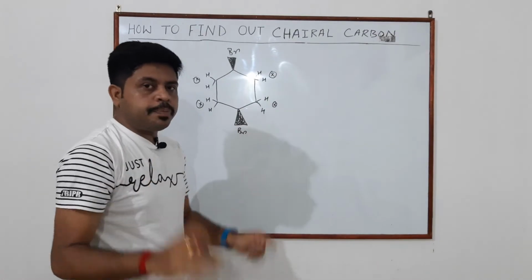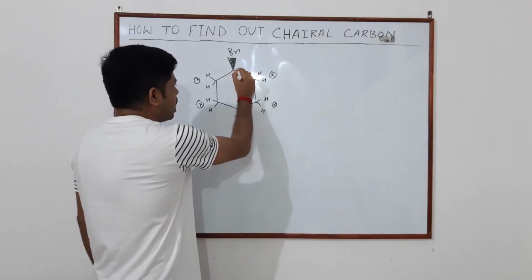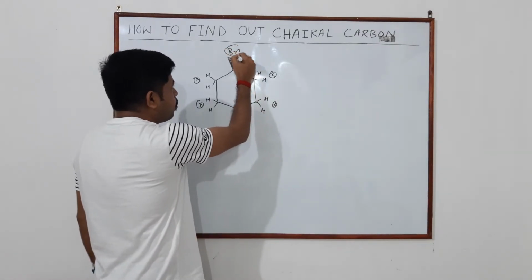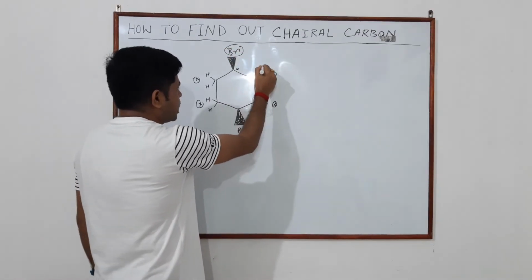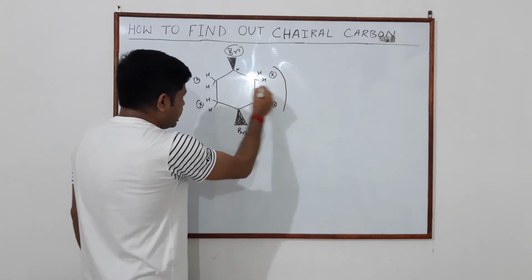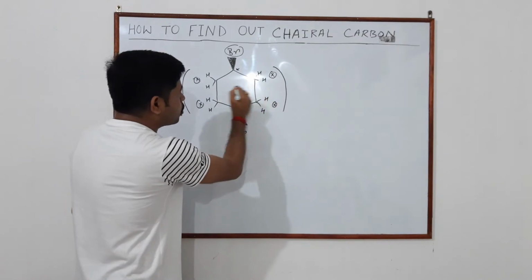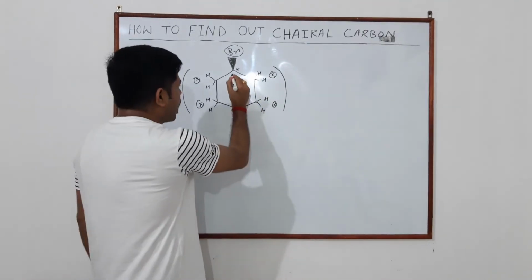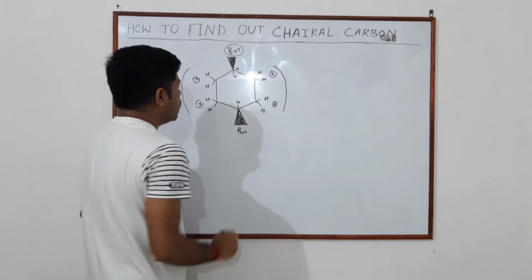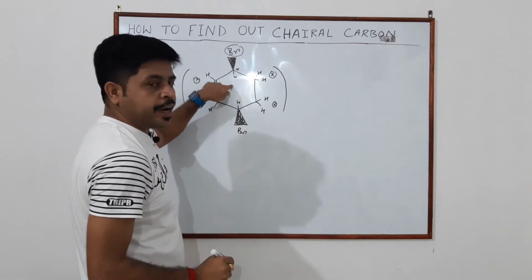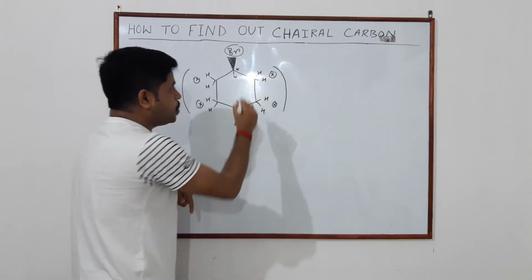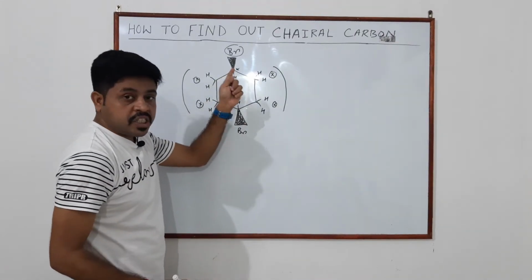But one thing you should keep in mind: if you consider this carbon, it is attached with 1 bromine atom, and on the right-hand side and the left-hand side, both groups are the same. And it is attached with another hydrogen atom. So bromine and hydrogen are different, but the left side unit and the right side unit for this carbon are the same.